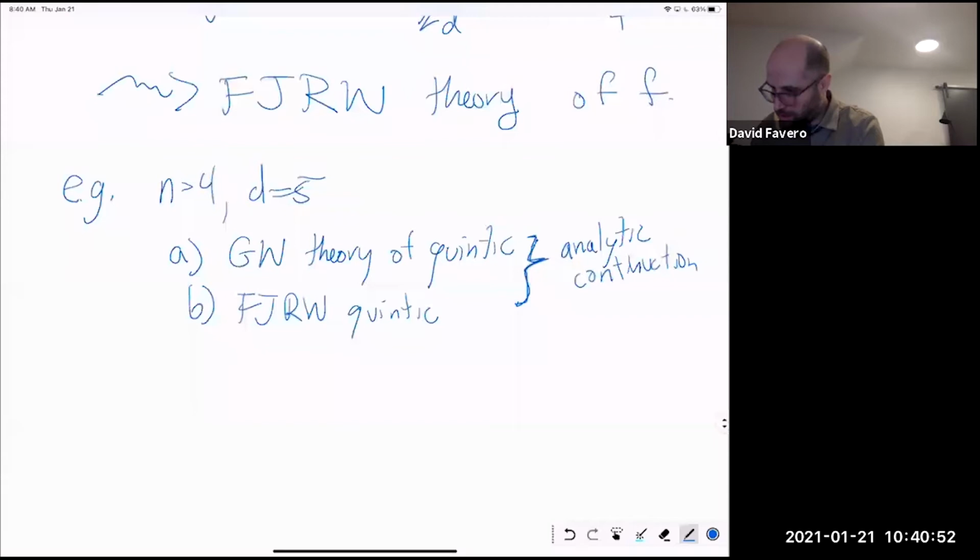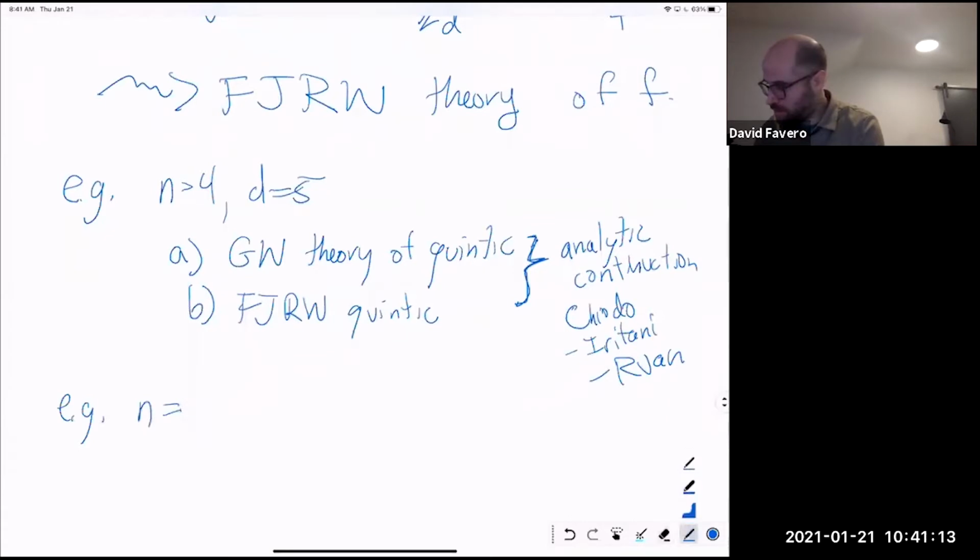And so this was Chiodo, Iritani, Ruan. And another example, n equals 5, d equals 4.